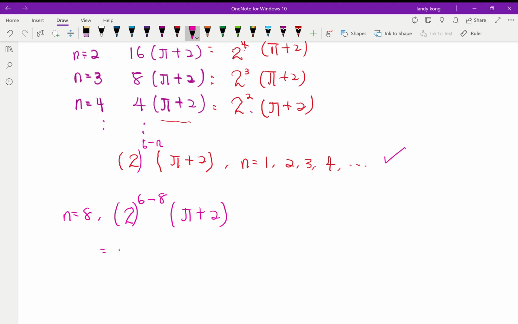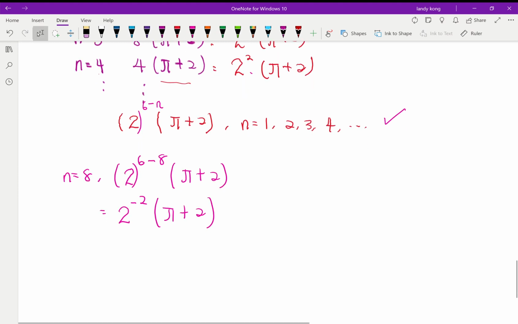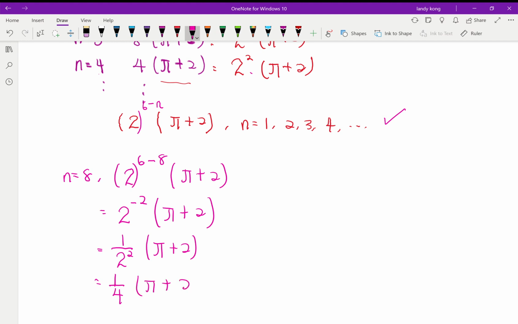So it is equal to 2 to the power of negative 2, times (pi plus 2). Then 2 to the power of negative 2 means it's 1 over 2 squared, so it's 1 over 4 times (pi plus 2), in cm.